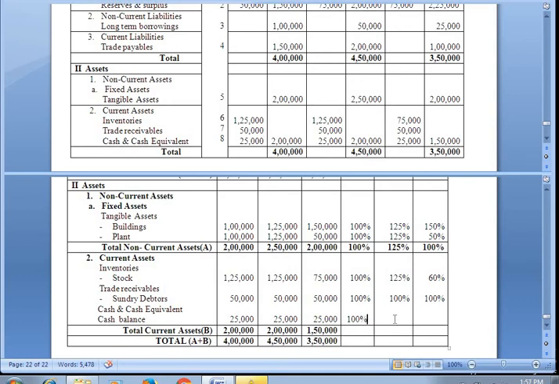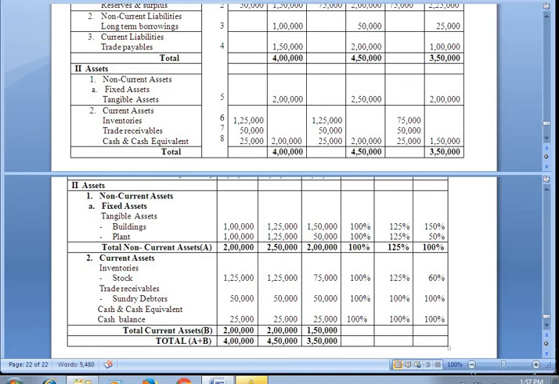Here also the same because 25,000 divided by 25,000 into 100 gives 100, and the last one is also the same, 25,000 divided by 25,000 into 100.